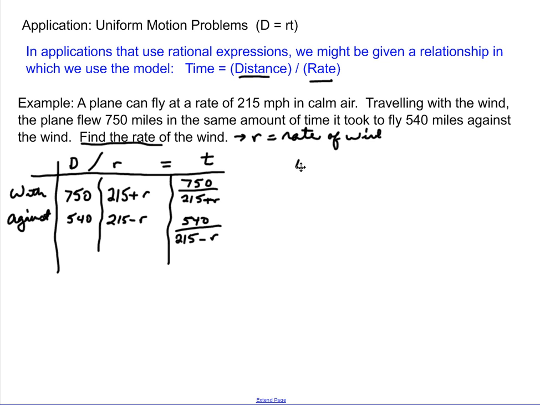So what is this? This is a T1 equals T2 kind of problem, right? We're talking about equal times, the same amount of time. So we replace it and we have a rational equation.